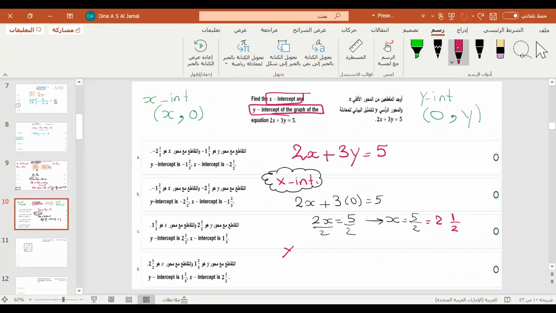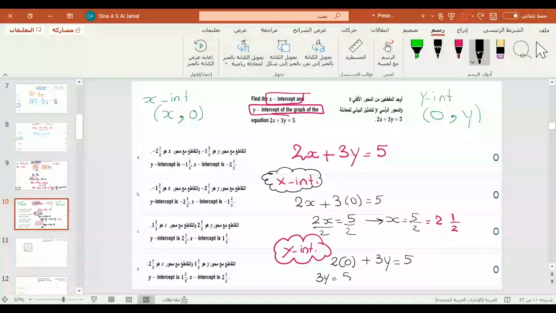And now the y-intercept. It's 2 times 0 for x plus 3y equals 5. Now 3y equals 5, divide by 3, so my y is 5 over 3, which is 1 and 2 over 3.